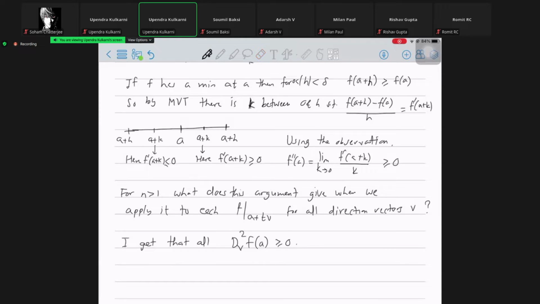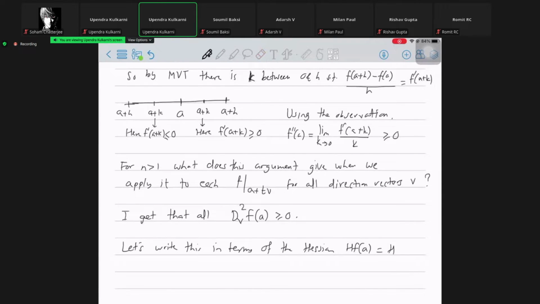So this is interesting. So notice what this is. Let's write this in terms of the Hessian. The Hessian Hf at a, let's just call it H. Suppose v is equal to the summation of xi ei.